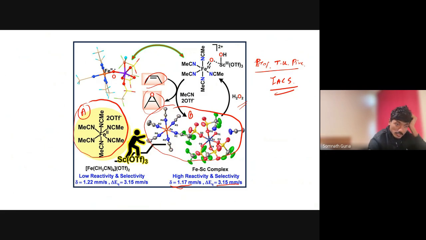The reactivity increases in the presence of the scandium species, and that scandium oxo species has been isolated by Mossbauer spectra. Depending on the delta value, it shows that some of the electron density is stabilized by this Lewis acid.